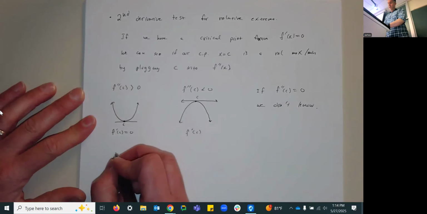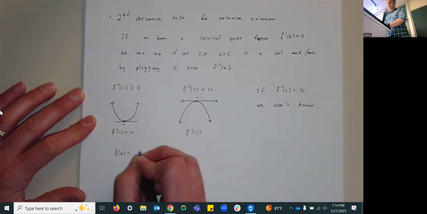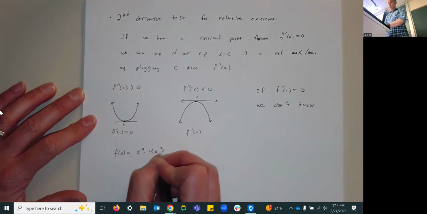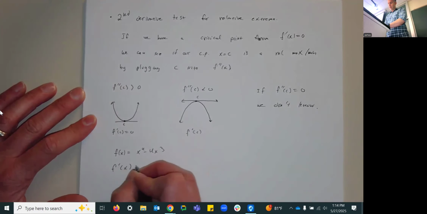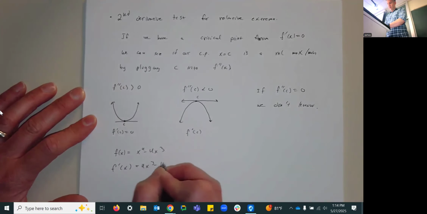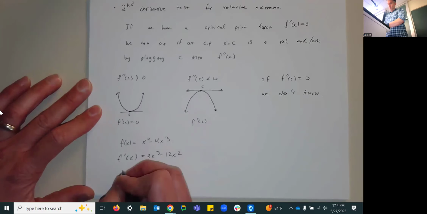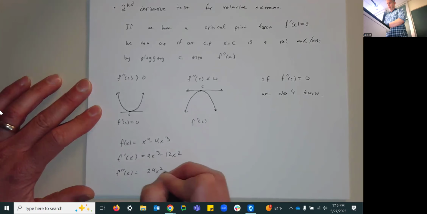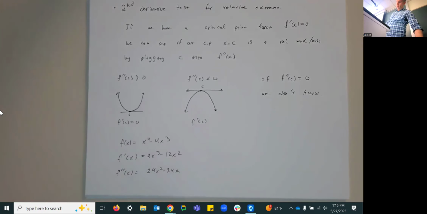In the previous example, we had our function, which was x to the fourth minus 4x cubed. Our first derivative was 4x cubed minus 12x squared. And our second derivative was 24x squared minus 24x. I feel like I'm making a small mistake here, but maybe not. Let me just double check. Nope, that looks totally like what we had.